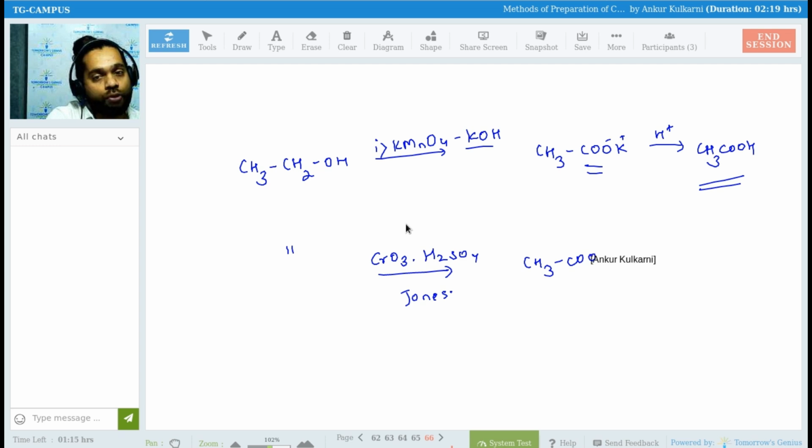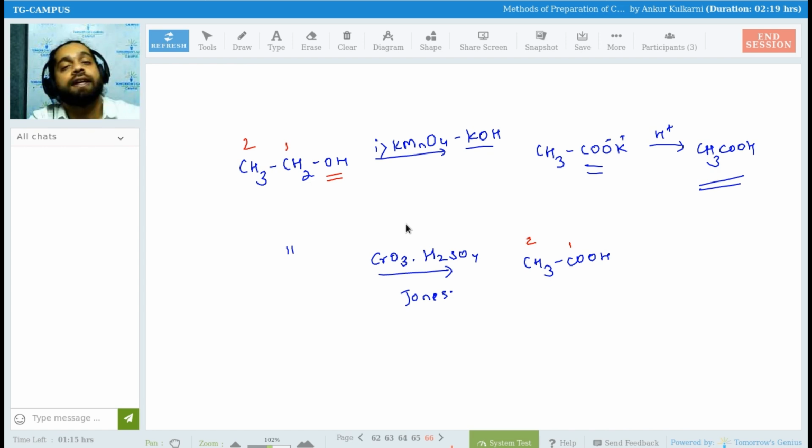Directly to the acid. Only be careful, Sasitharan, that number of carbon should be same. By mistakenly sometimes what we do, OH, we directly convert it to COH. Okay, and that will be there in one of the options because that is a silly mistake that we do. Clear? Yes. Okay, so from alcohols.